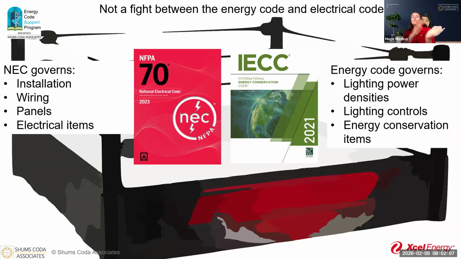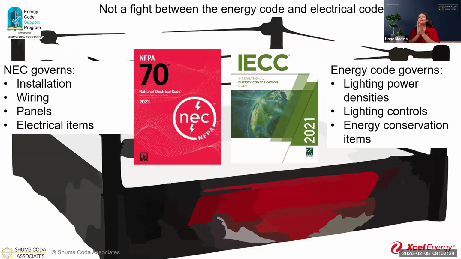And then we have to think about how the energy code works with it. What it's doing is trying to focus on things like how much lighting you are going to use within a project, controlling that lighting, and just a few other energy conservation items.